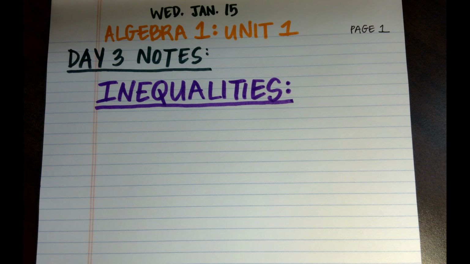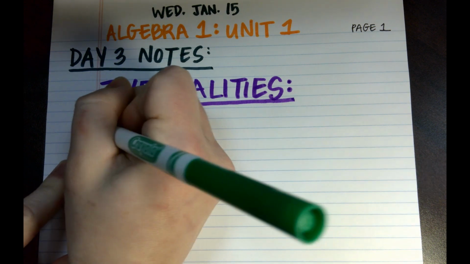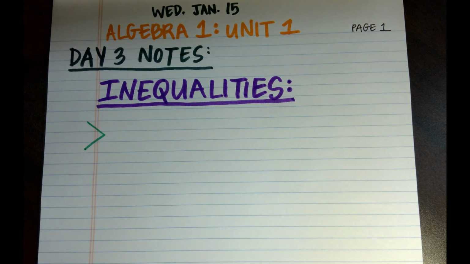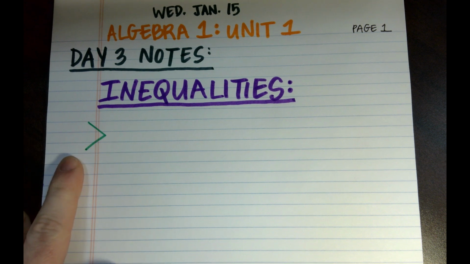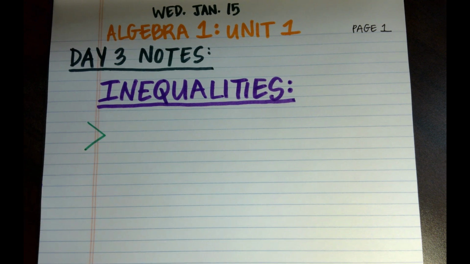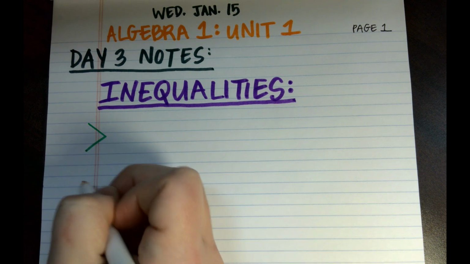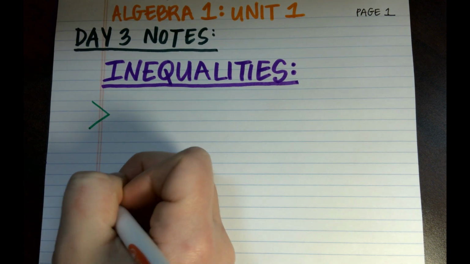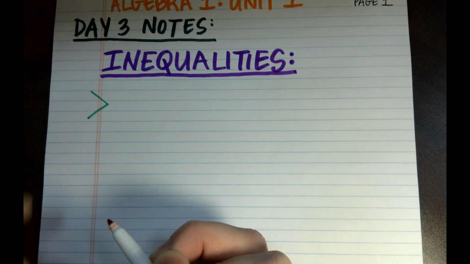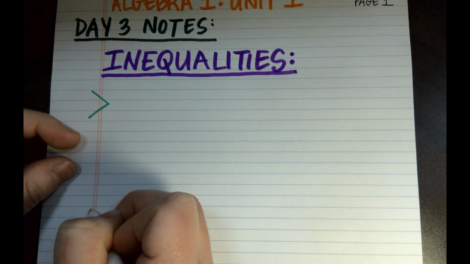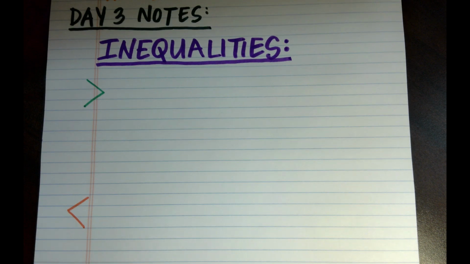So let me ask you guys this. Have you ever seen a symbol that looks like that? What does this mean? Does anyone know? Greater than. Good. What about a symbol that looks like this? Less than, good. So just like we read from left to right, the way that we can remember these symbols is which part of it comes first when we go left to right.